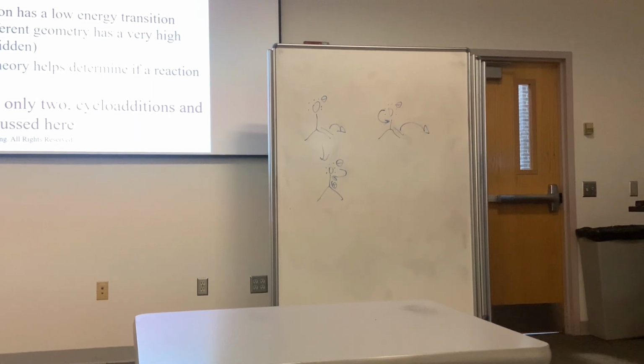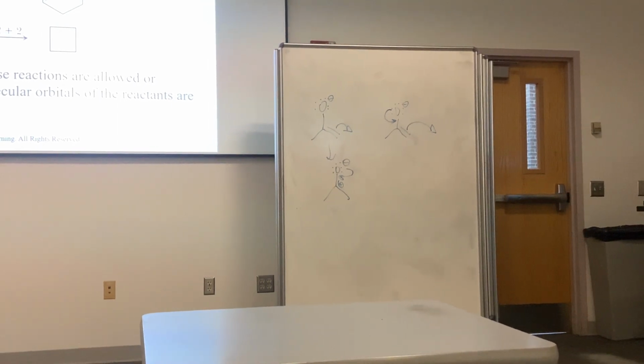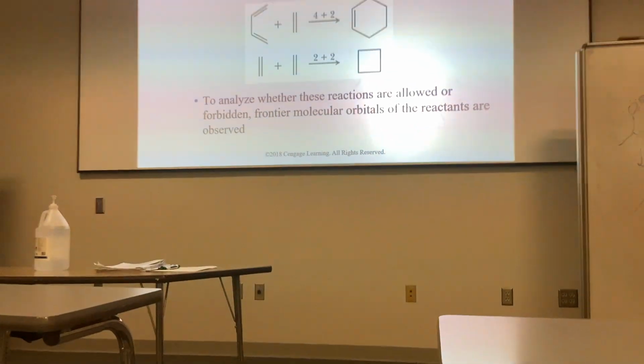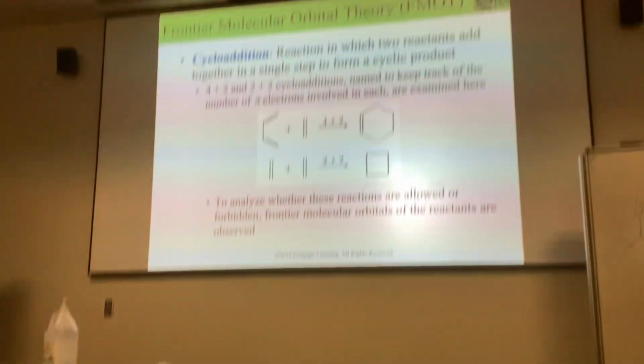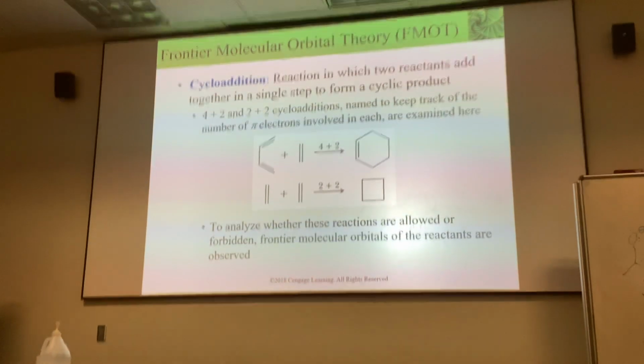So they can be allowed or forbidden. I don't really want to talk about allowed and forbidden a whole lot. Basically, this is a Diels-Alder. It is a 4 + 2, so they're named for the number of pi electrons that are involved.